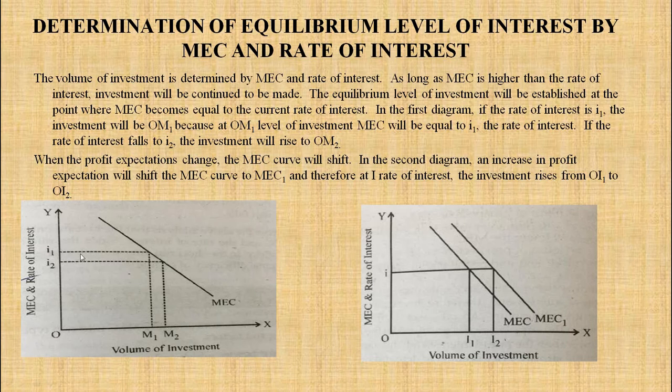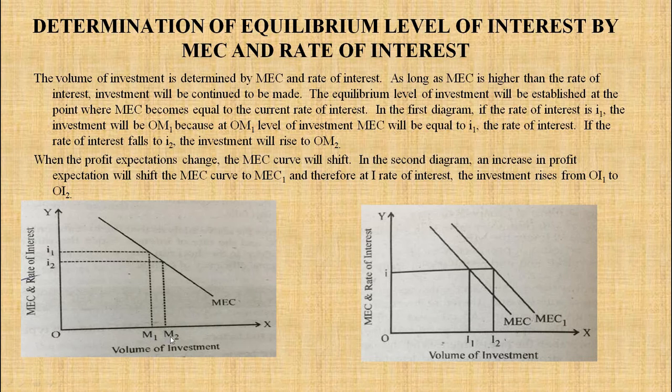If the rate of interest is I1, the investment will be OM1, because at the OM1 level of investment MEC will be equal to I1, that is the rate of interest. If the rate of interest falls to I2, the investment will rise to OM2.